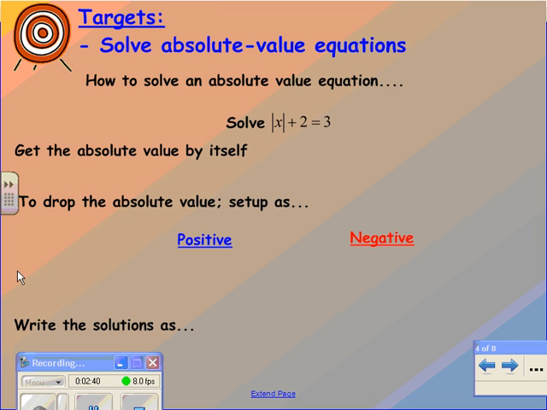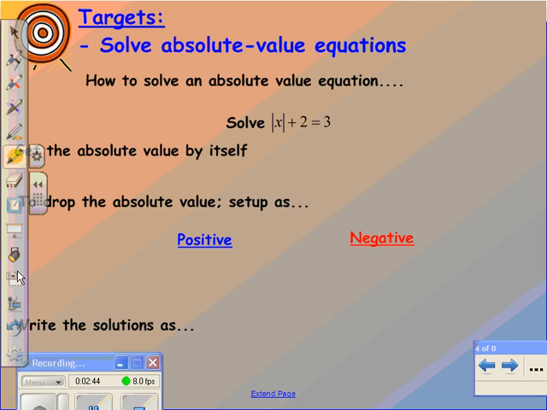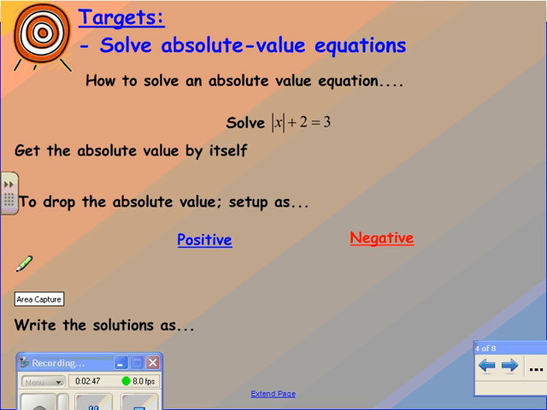Okay, our next problem is if we want to solve the absolute value equation of the absolute value of x plus 2 is equal to 3. So the first thing I want to do is get the absolute value by itself.